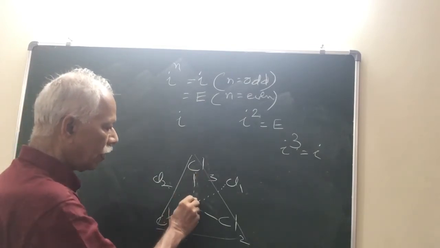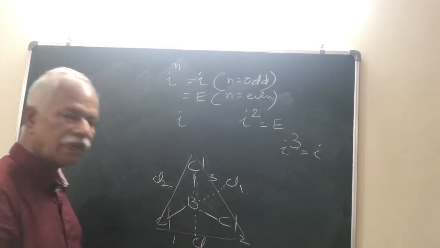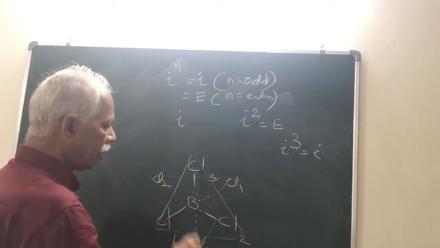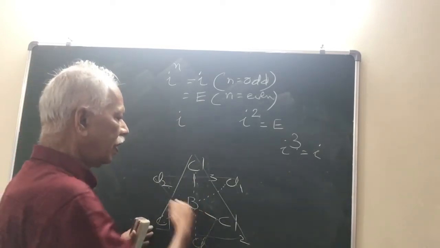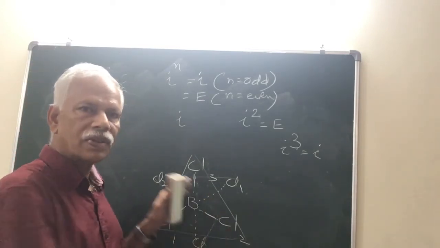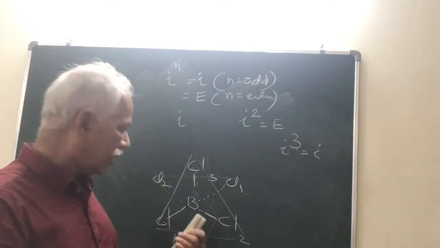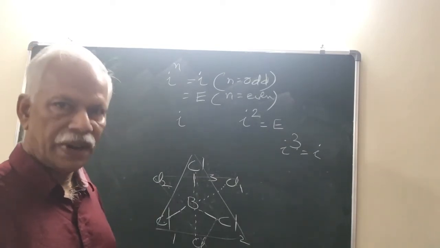From Cl3 draw a line to boron, extend an equal distance, you put Cl3 here. And if the 3 chlorines are joined, I am getting a triangle which is not at all merging with the initial triangular look. As somebody has tilted it, there is no overlapping at all. So this is a central point of course, but it is not a center of symmetry.